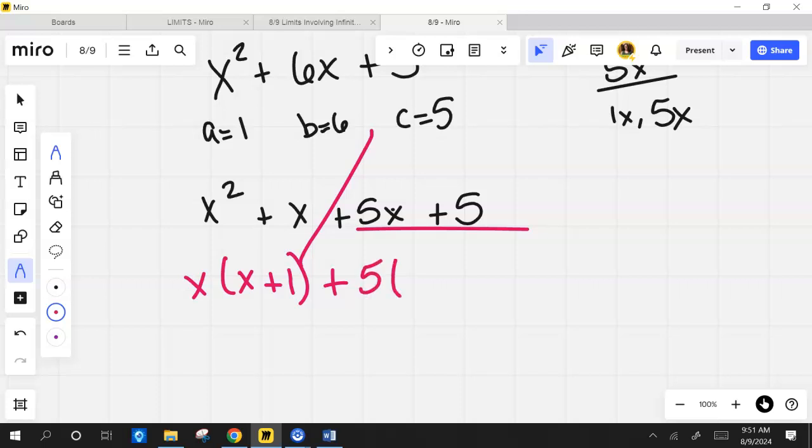What's left? X plus 1. Is everybody okay? All right. Now what? X plus 1 goes in the front 1 time. Make sure you are checking your work or at the very least writing this down.